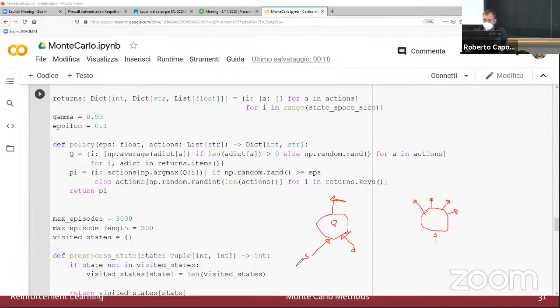Your question might be, but then how do I do the training for a specific action? You have a gating function here, which corresponds to having a gate.